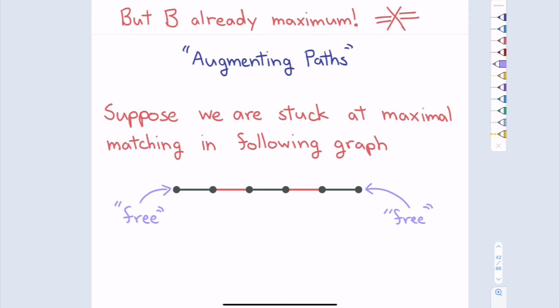At the endpoints we have these free vertices, free in the sense that they're not yet matched by any edge. Maybe we can just run BFS or something, walk along and find an alternating path going black, red, unmatched, matched, unmatched, to a free vertex, and then we can make an exchange.